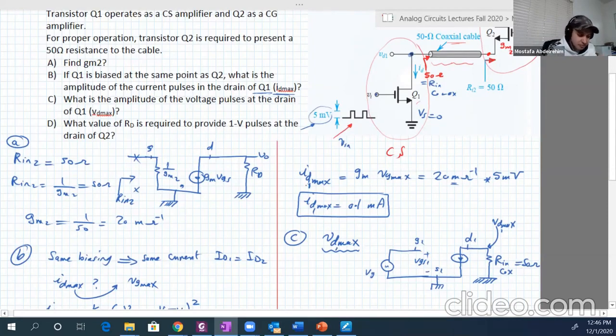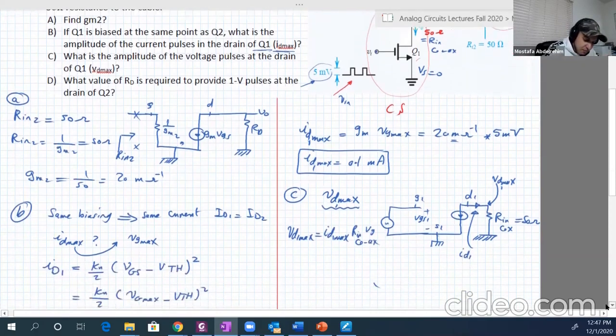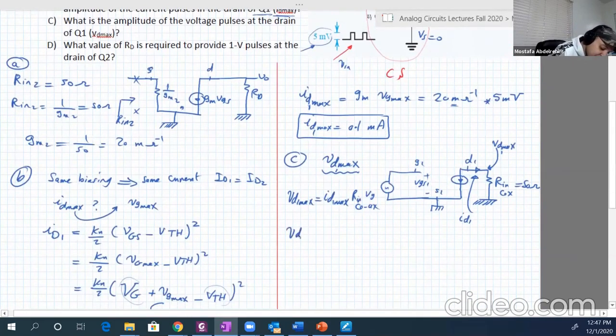We know ID1 max, which is the current flowing into our input. So VD1 max is equal to ID1 max multiplied by our input coaxial, 0.1 milliampere multiplied by 50 ohm.